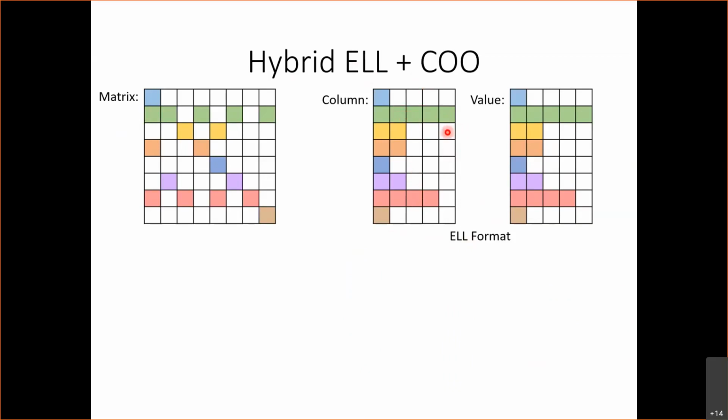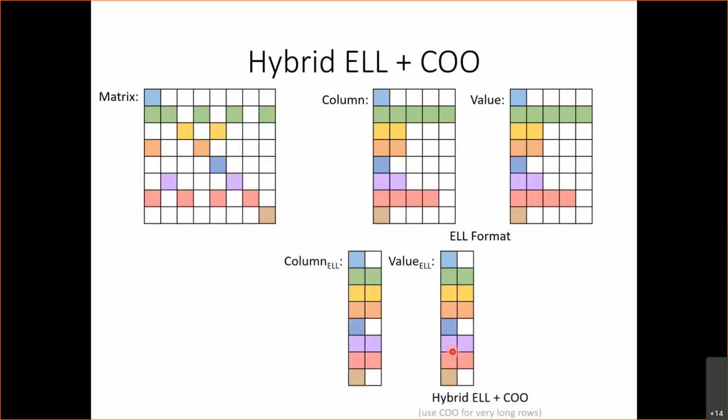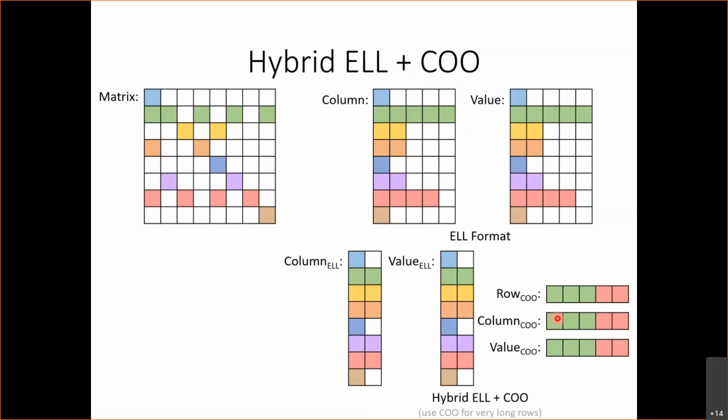For example, here I observe that most of my rows have less than 2 elements, so I will have an ELL representation of the first 2 elements of each row. This helps me capture all the rows in ELL except for 2 of the rows. For these 2 remaining rows, I will represent their non-zeros using COO.